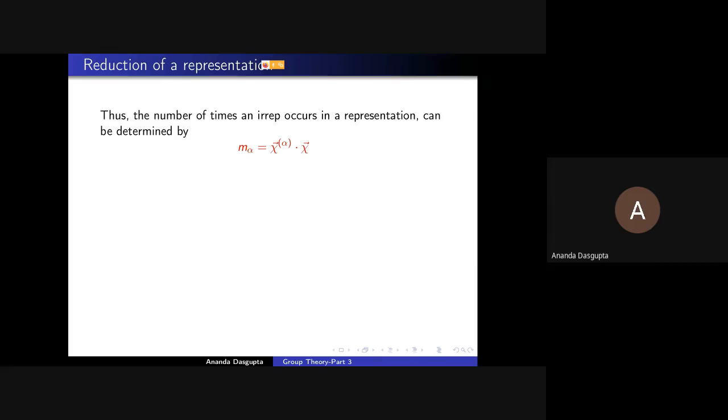So the number of times an irrep occurs in a representation can be determined by simply doing this. Or if you go back in terms of class characters and not just in terms of these vectors, all you have to do is multiply the character that you have by chi alpha c_i's conjugate, weighted with the factor n_ci. These were taken care of in the square root of n_ci by mod g, which were inside the definition of the vectors.